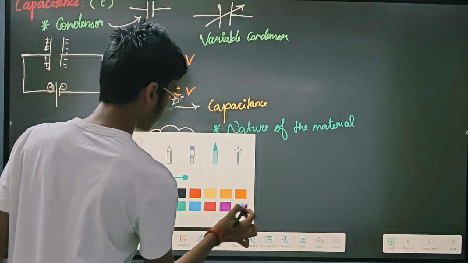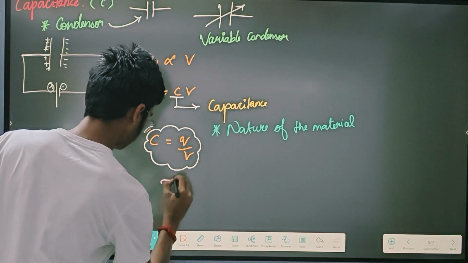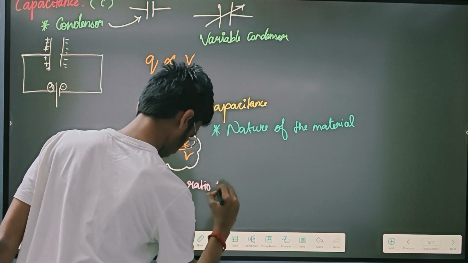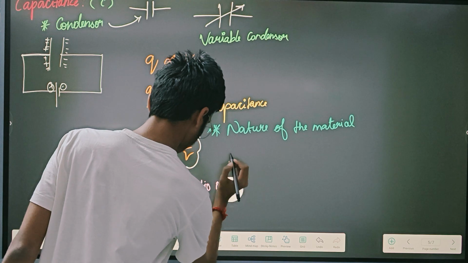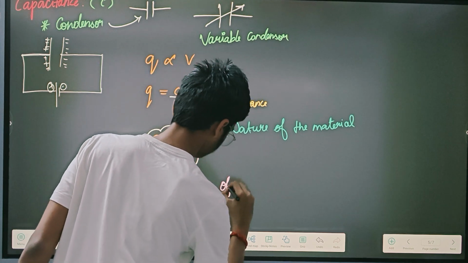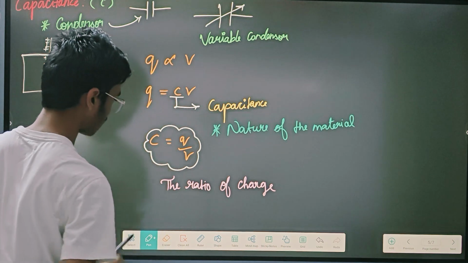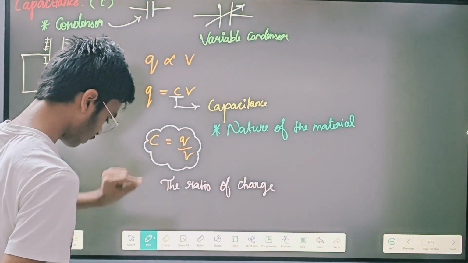Coming to the definition part, the definition is the ratio of the charge given to the conductor and the potential developed on it.